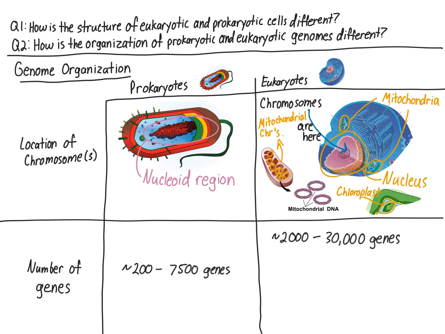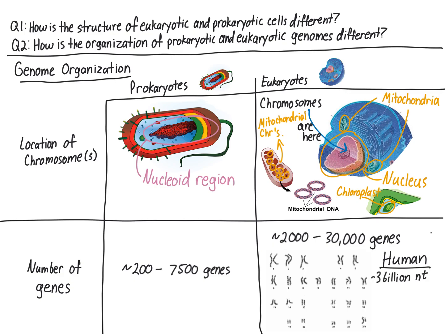Eukaryotic genome size also varies wildly and can range from 2,000 to 30,000 genes. The 23 human chromosomes are collectively about 3 billion nucleotides long and have around 22,000 protein-coding genes. Yeast, a much simpler eukaryote, has 16 chromosomes and about 6,000 genes.